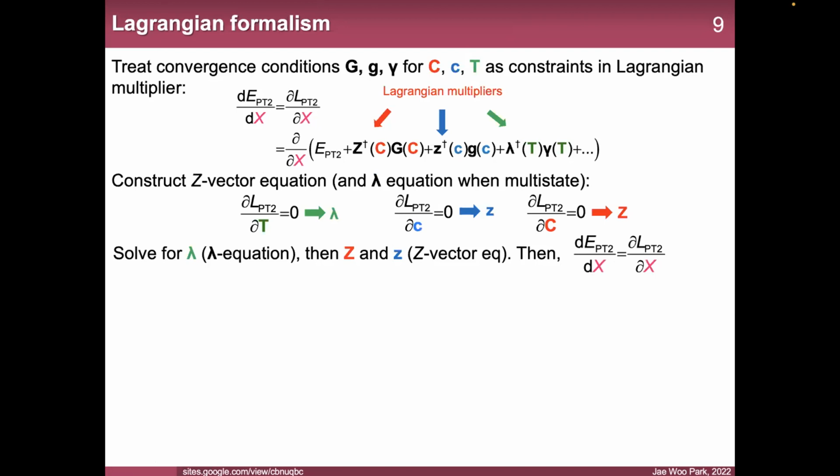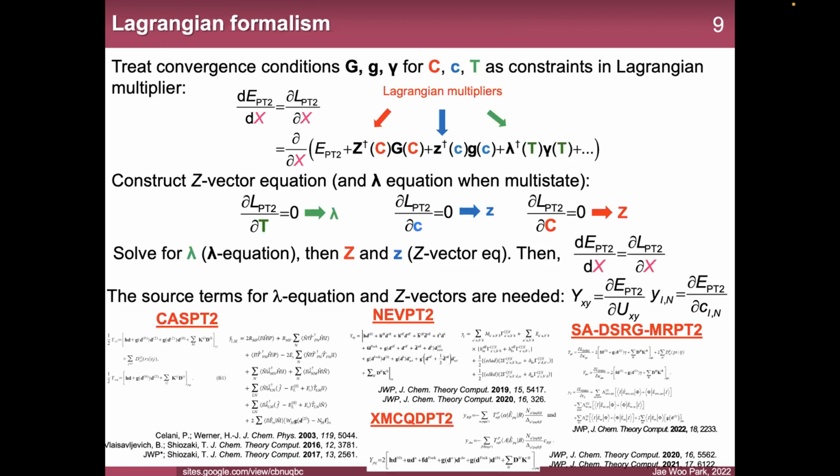And then you solve for the multipliers. And then you can obtain the analytical gradient by just taking the partial derivative of the Lagrangian with respect to the nuclear position.